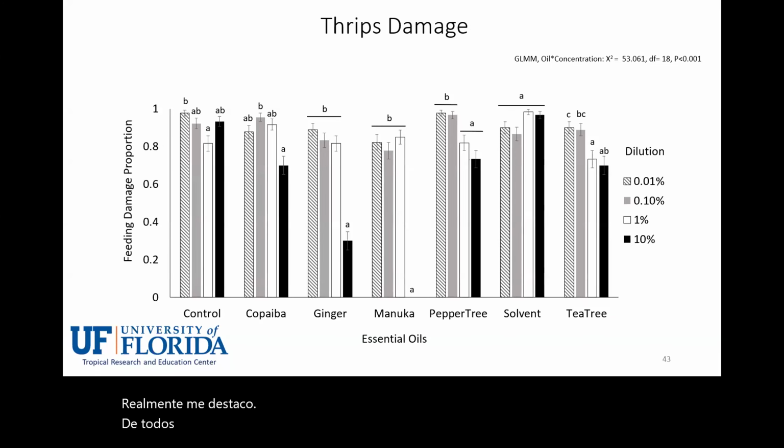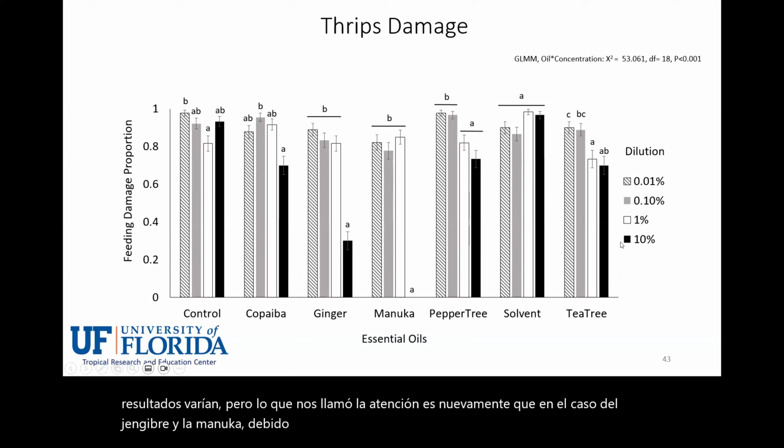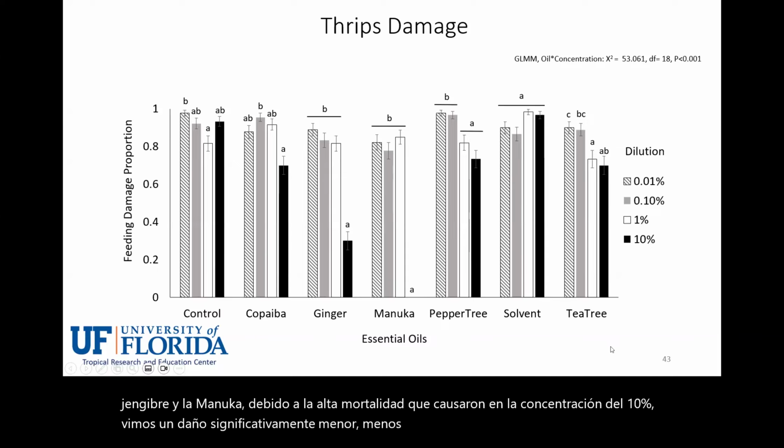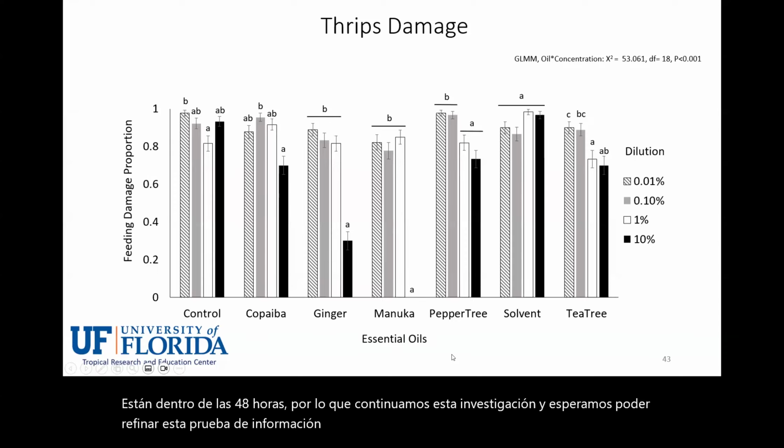Additionally, when we looked into the thrips damage, the results vary, but what caught our attention is, again, that in the case of ginger and manuka, due to the high mortality they caused at the 10% concentration, we saw significantly less damage, less scarring on the leaf tissue. And all these data are within 48 hours. So we continue this research, and hopefully we will be able to refine this information, test more essential oils, and provide you with more updates in the future.